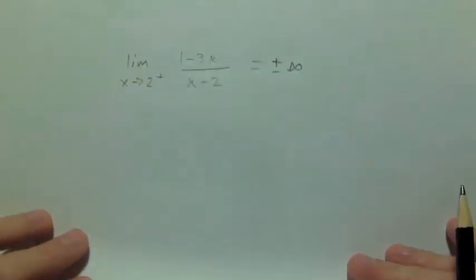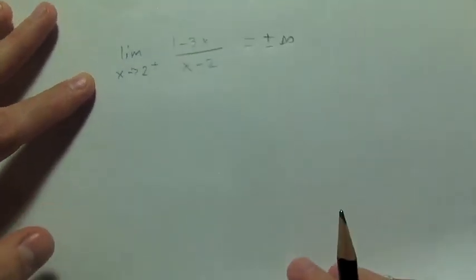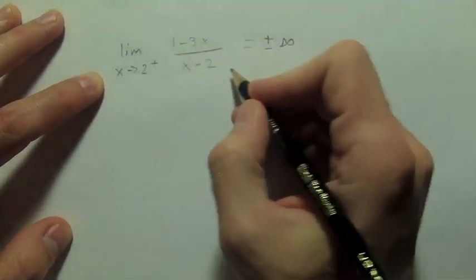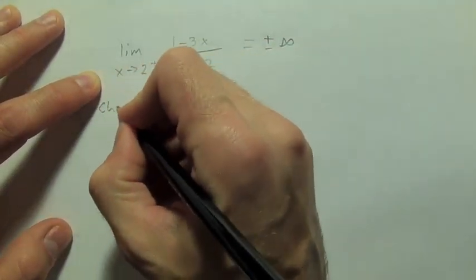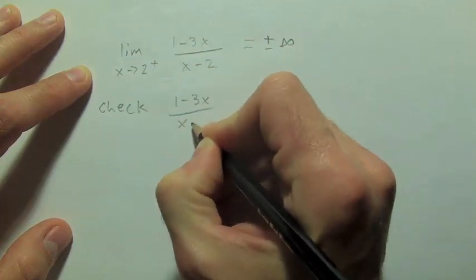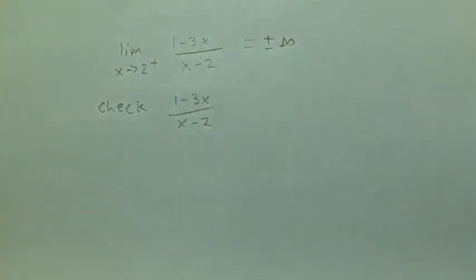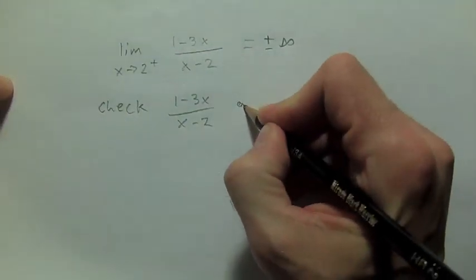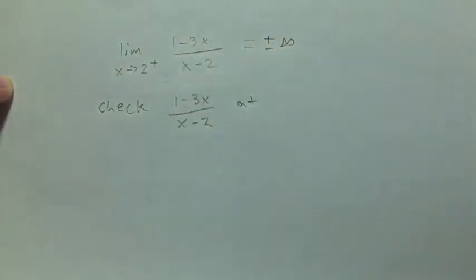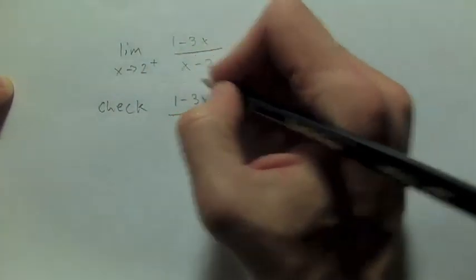Right, that much we know. And one thing we could do is check this value. So check 1 minus 3x over x minus 2 at some really close value to 2, right? At something really close to 2, but to the right of 2 or greater than 2, right?